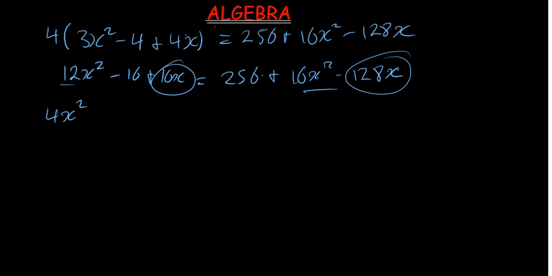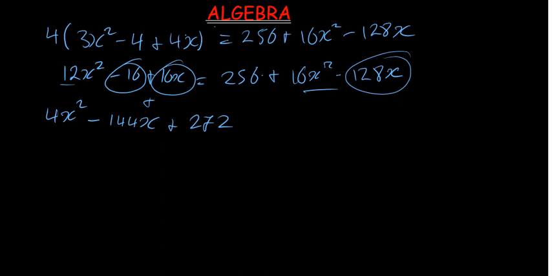Since this is positive, when you take it to the other side it becomes negative, so we're going to say 128 plus 16, that will give us minus 144x. Then this 16, since it's negative, when you take it to the other side to be positive, we add it to 256. That will give us plus 272.